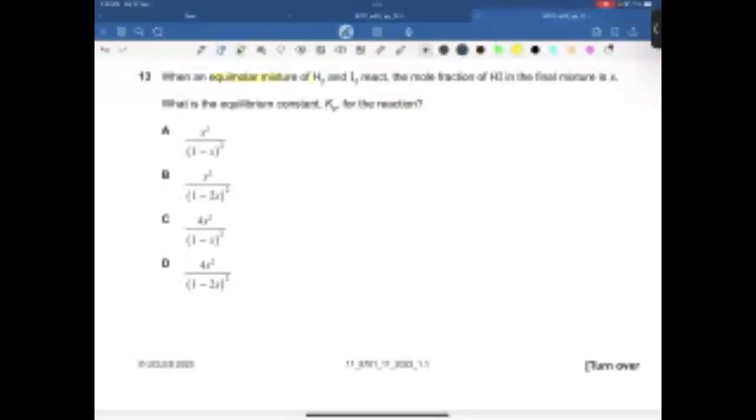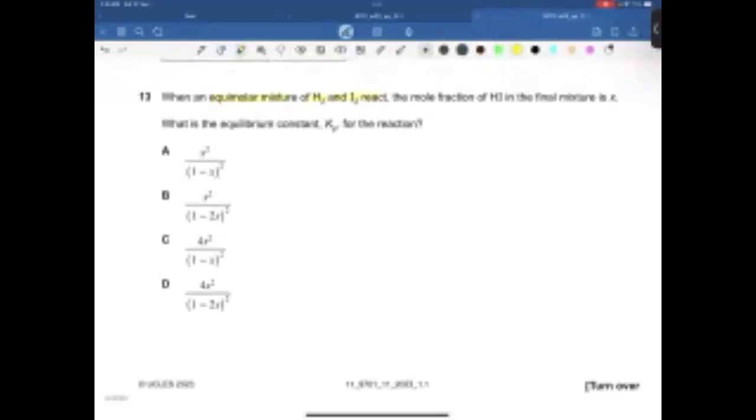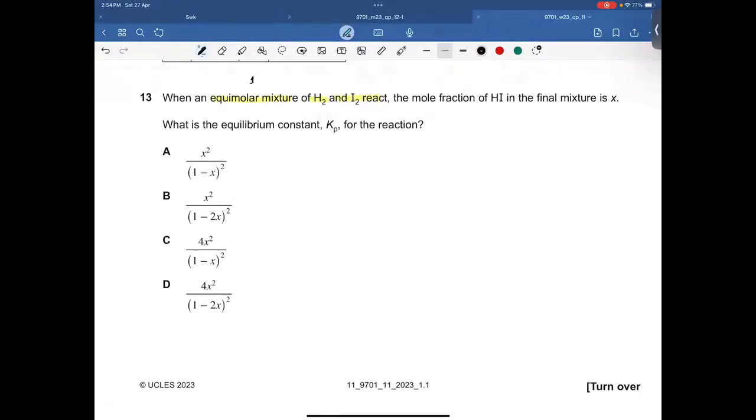When an equimolar mixture of H2 and I2 react, if examiner is saying equimolar, which means they are reacting in 1:1 ratio. Okay. The mole fraction of HI in the final mixture is X. So mole fraction, what was the mole fraction?